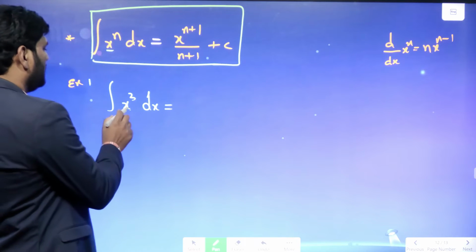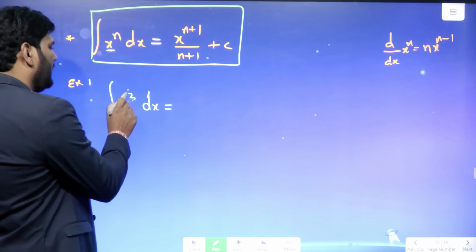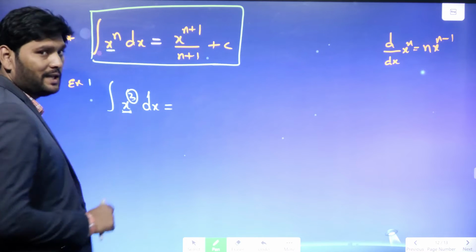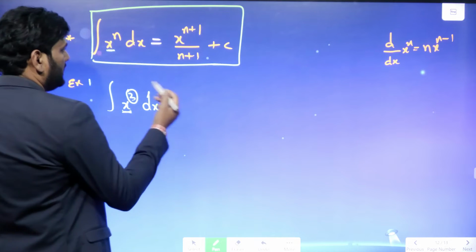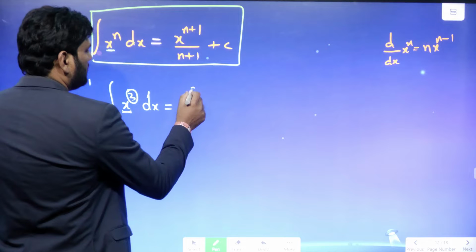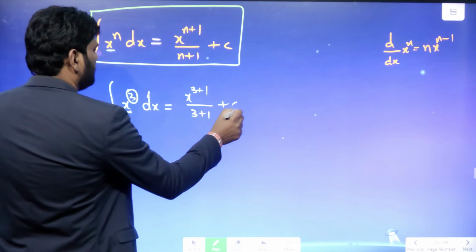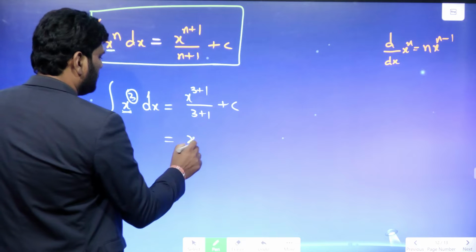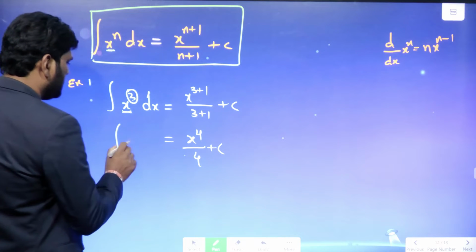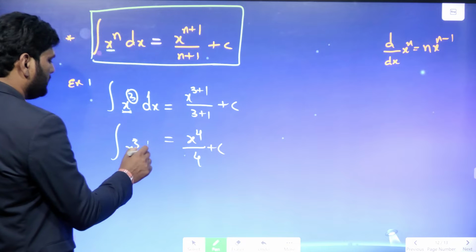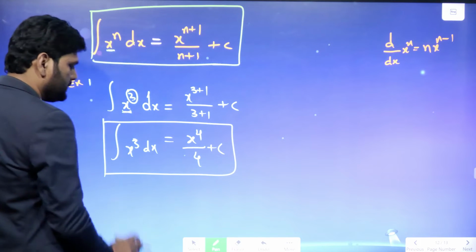Instead of n we have 3, means power is 3. So you take n as 3. In that way, x power 3 plus 1 by 3 plus 1 plus c. So this becomes x power 4 by 4 plus c. So this is the integration x cube dx value.